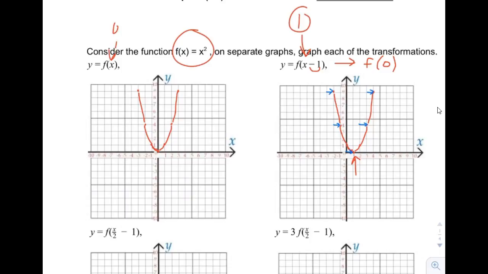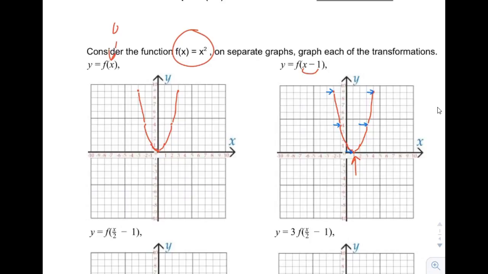The y value at f of 0 is 0. So then you find out that the y value at f of 1 is now 0. And if that didn't make sense to you, then forget that approach. Just memorize that when you have x minus 1, it's a shift to the right. When you have x plus 1, it's a shift to the left.